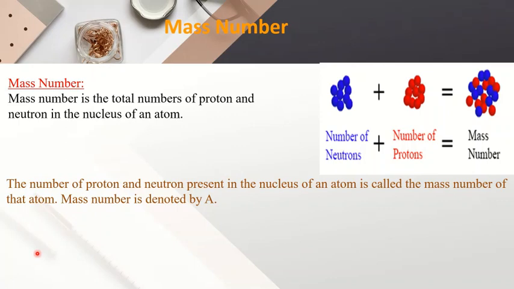For example, an atom which has 11 proton, its neutron number is 12. Example, sodium. Sodium has 11 protons but not 11 neutron. Sodium has 12 neutron. So, the mass number of sodium is 23.